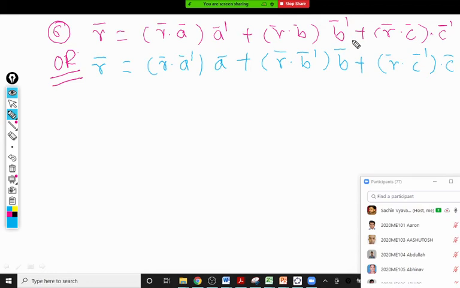So prove that any vector r bar can be written as a linear combination of a dash, b dash, c dash, or a linear combination of a, b, c.